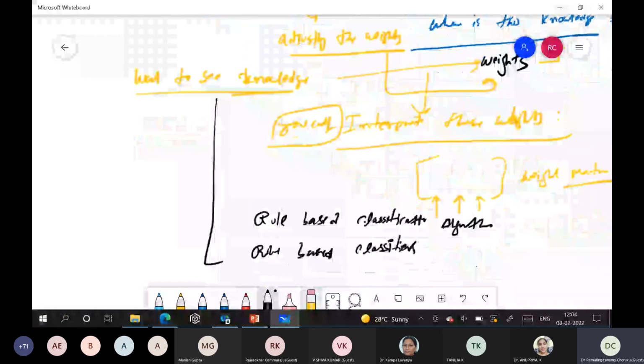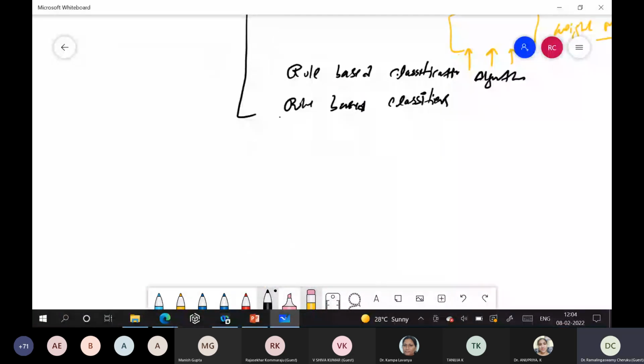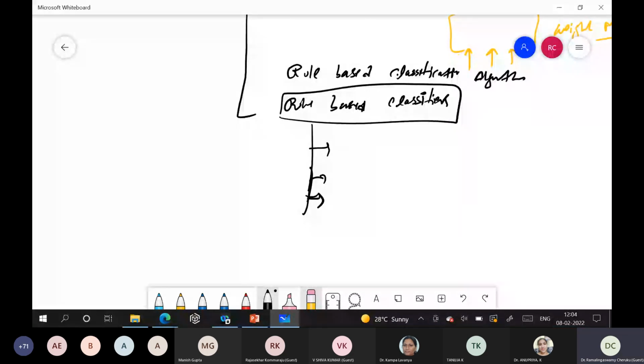Okay, so toward this end, when people started using rule-based classifiers, in the literature there are already existing rule-based classification algorithms, like C4.5, CART, ID3, and C5.0. These are a few of the rule-based classification algorithms.